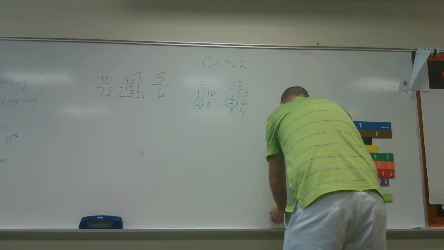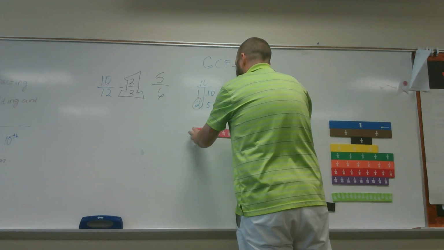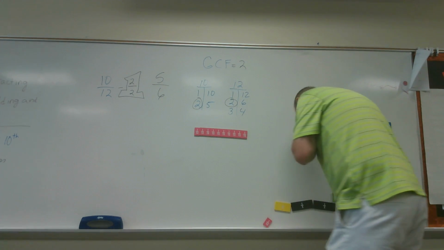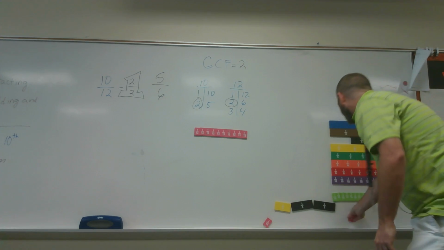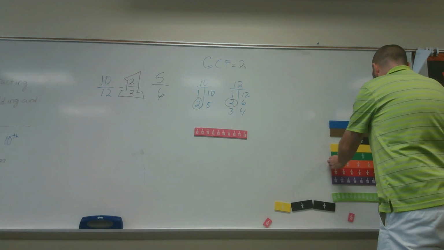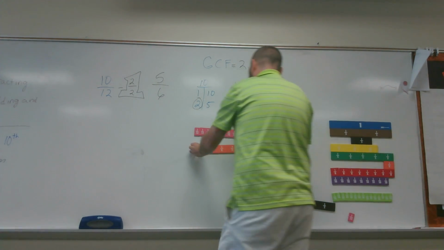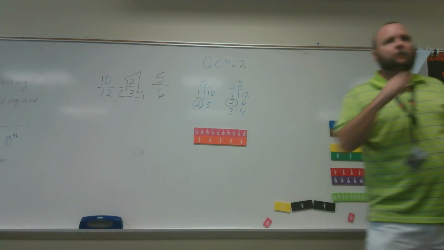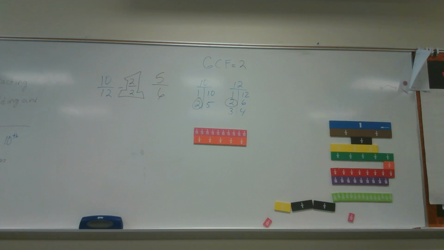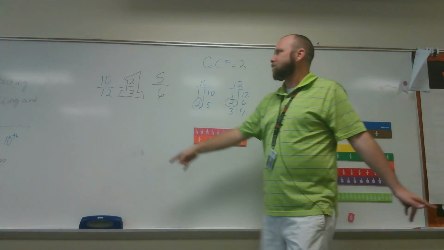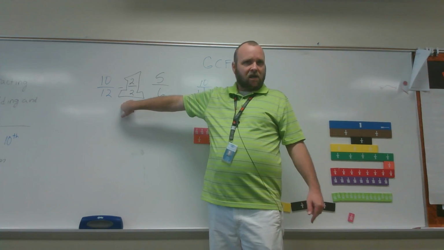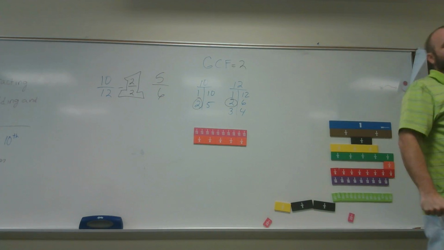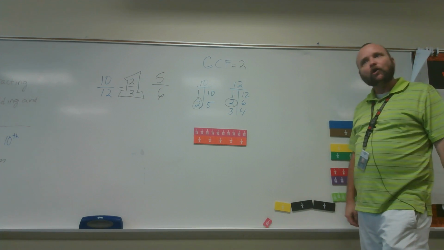If we have 10 12ths, 1, 2, 3, 4, 5, 6, 7, 8, 9, 10 12ths, and we have 5 6, those are the same value. Because like Jocelyn said, if you simplify it by dividing it by 1, it just changes the way it's written. It doesn't really change the value.